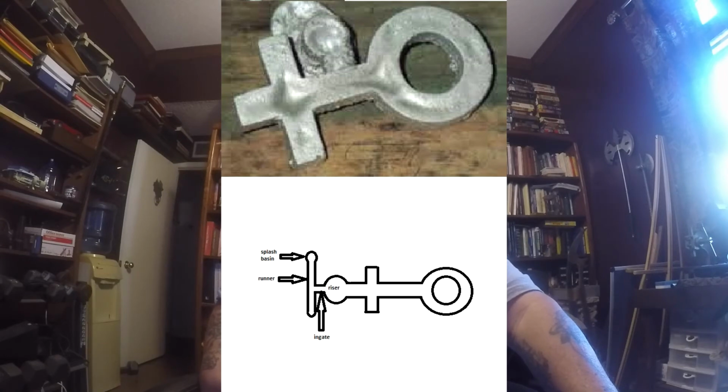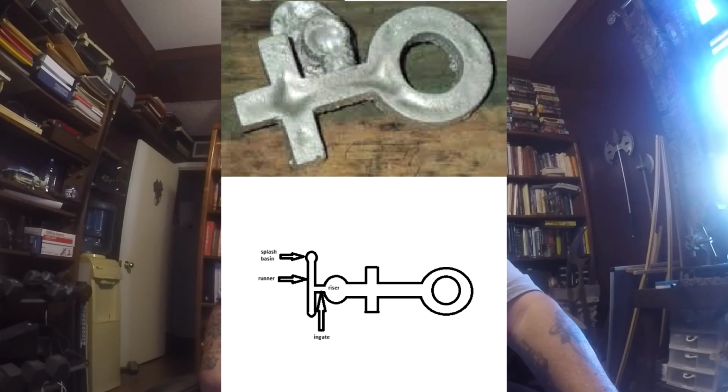I made an illustration just below on the way that I would have poured it myself. Okay? If you had your down sprue, now we're looking at it from the bottom, like we're looking at the picture from the bottom of that casting.